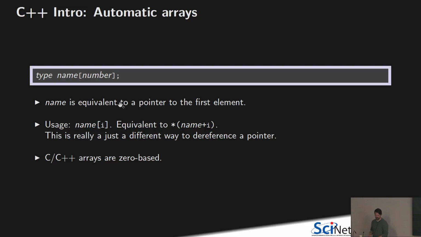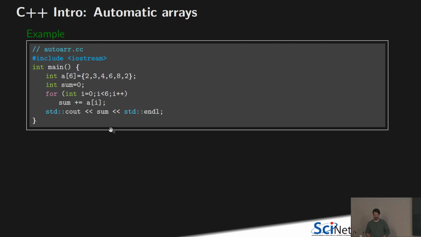It's a 0-based thing. And the way it's done, which is somewhat historic but still true, is that the name of an array is equivalent to a pointer to its first element. So I have my 10 elements, the array is called name, and the name is also a pointer to the first element.